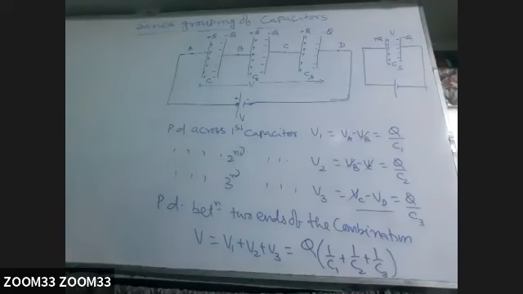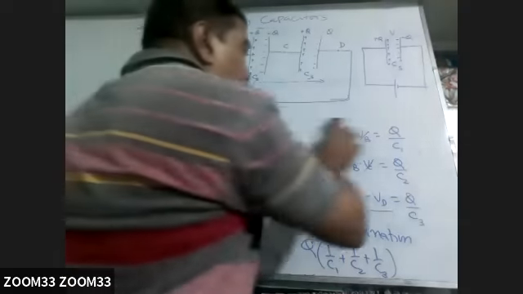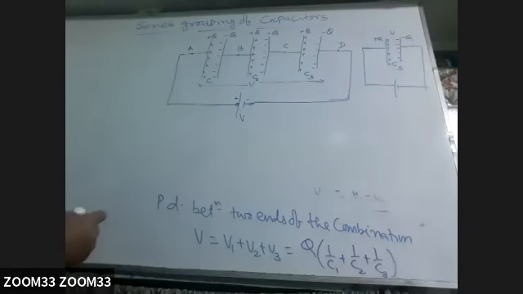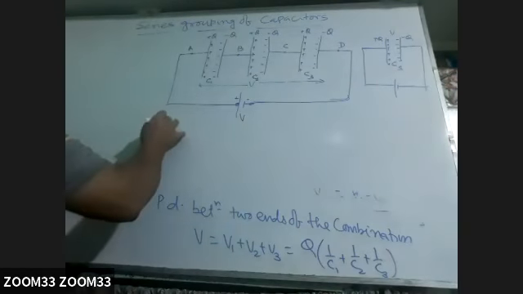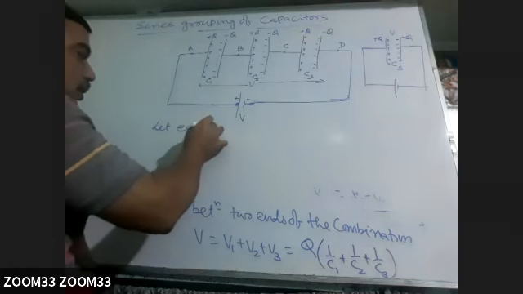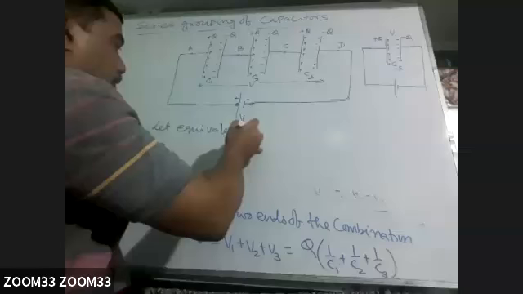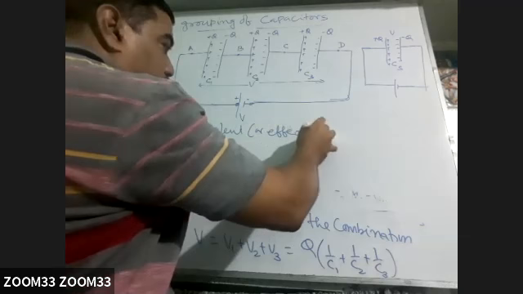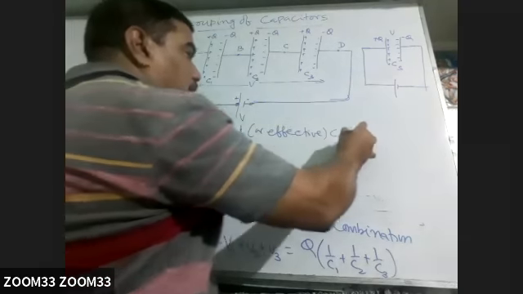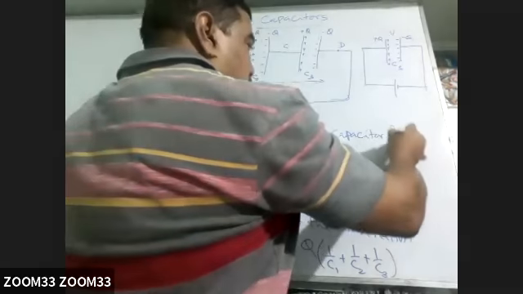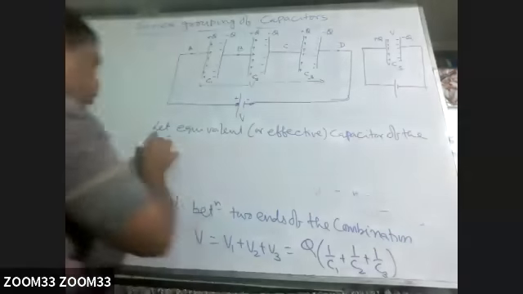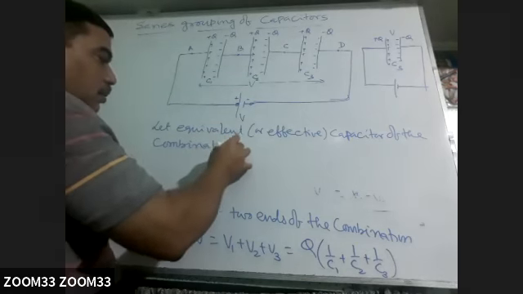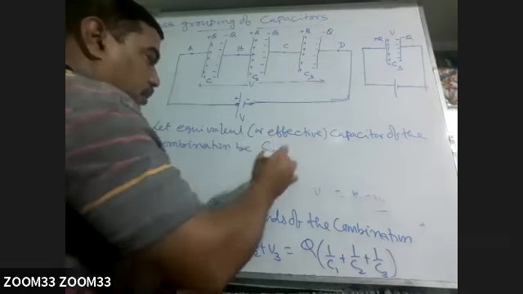So for equivalent capacitor, what will be? So let the equivalent capacitor or effective capacitor of the combination be CS.